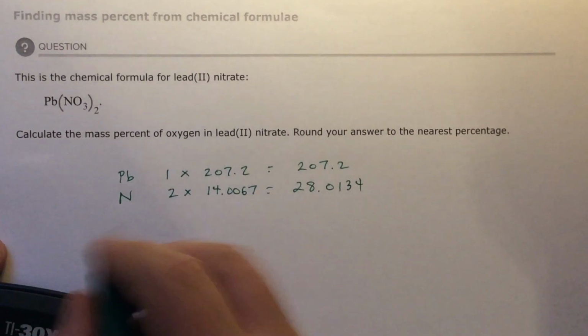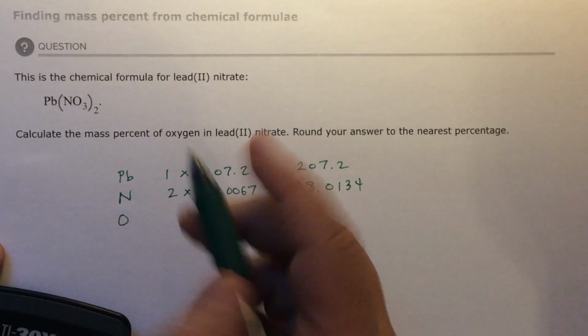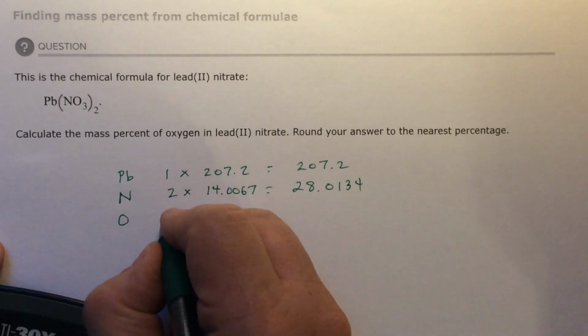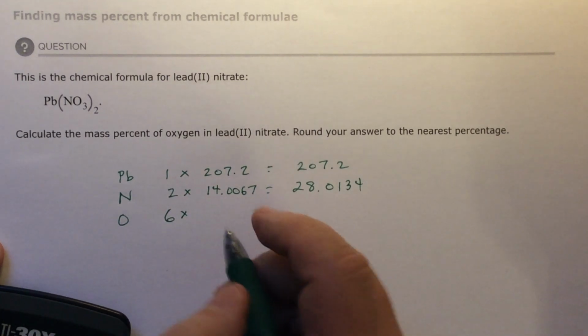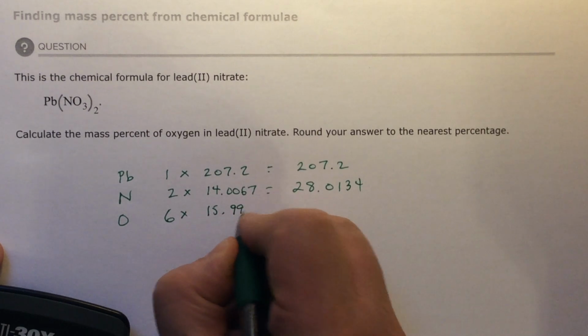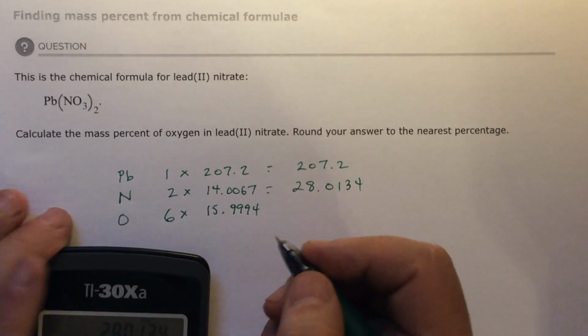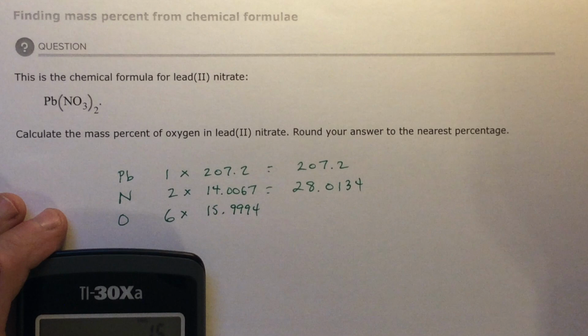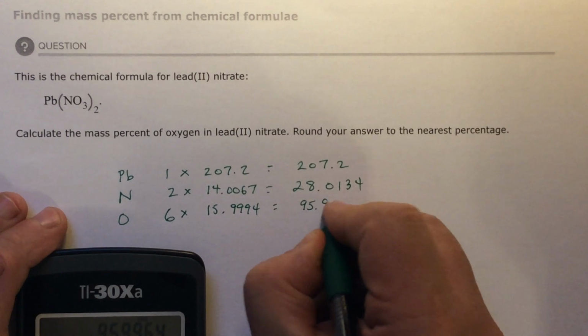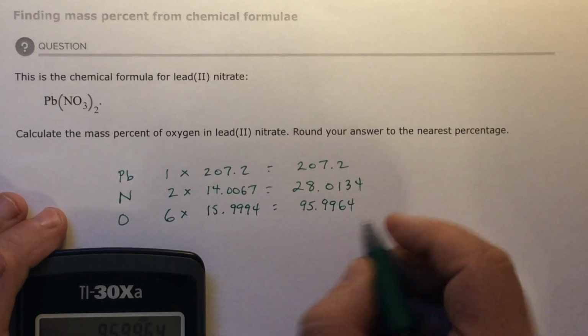Okay. The last one is my oxygen. My oxygen, I have 2 times 3. I have 6 atoms here. When I look it up, it's going to be 15.9994. So I have 15.9994 times 6. And I have 95.9964.